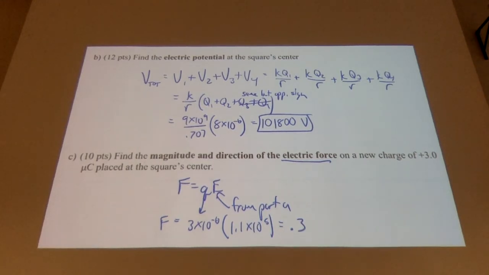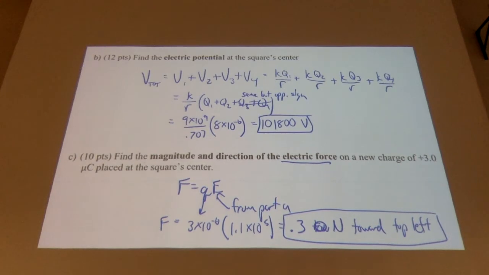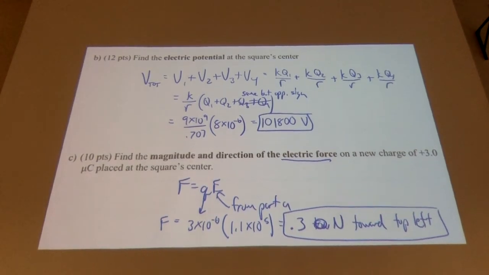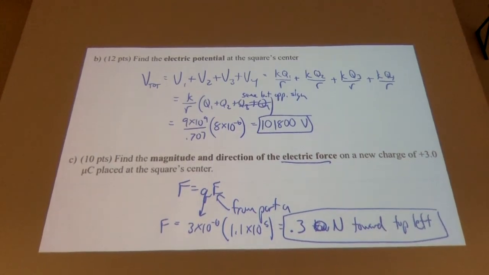Give or take a little bit. That's 0.3 newtons toward the top left. It points in the same direction as the electric field because it's a positive charge. If it had been a negative charge, it would point in the opposite direction toward the bottom right. So something to be a little careful about.